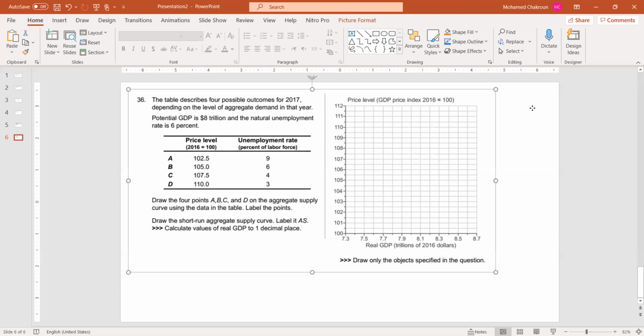So at point A, for example, the unemployment rate is equal to 9%, and the natural unemployment rate is 6%. That means the unemployment rate is 3 points higher than the natural unemployment rate.